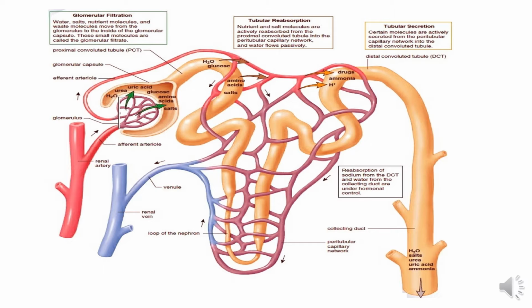Here is the distal convoluted tubule; in the urine formation process, water, salts, urea, uric acid and ammonia pass through the ureter. This is a very important process of urine formation. You must know about the anatomy and physiology of the kidney. Go through your 12th standard book.